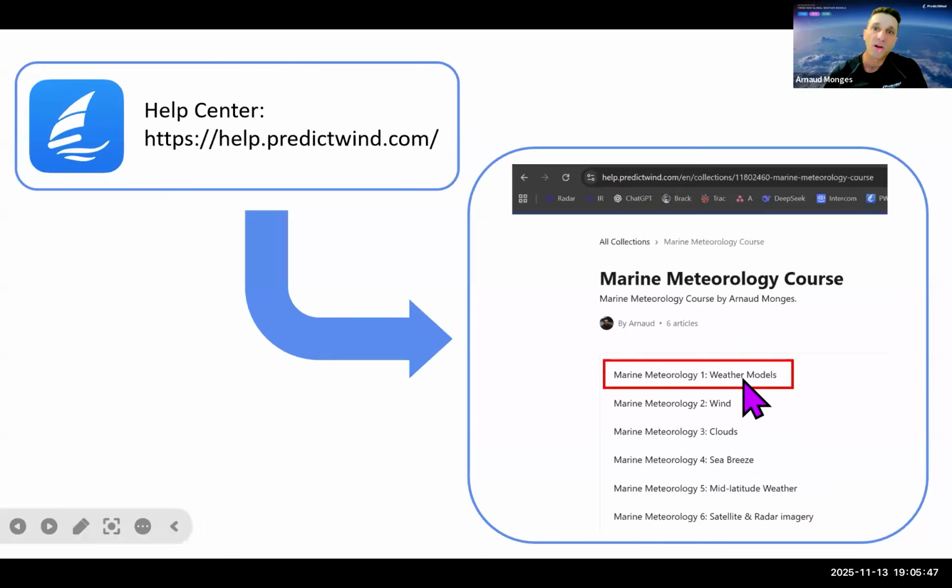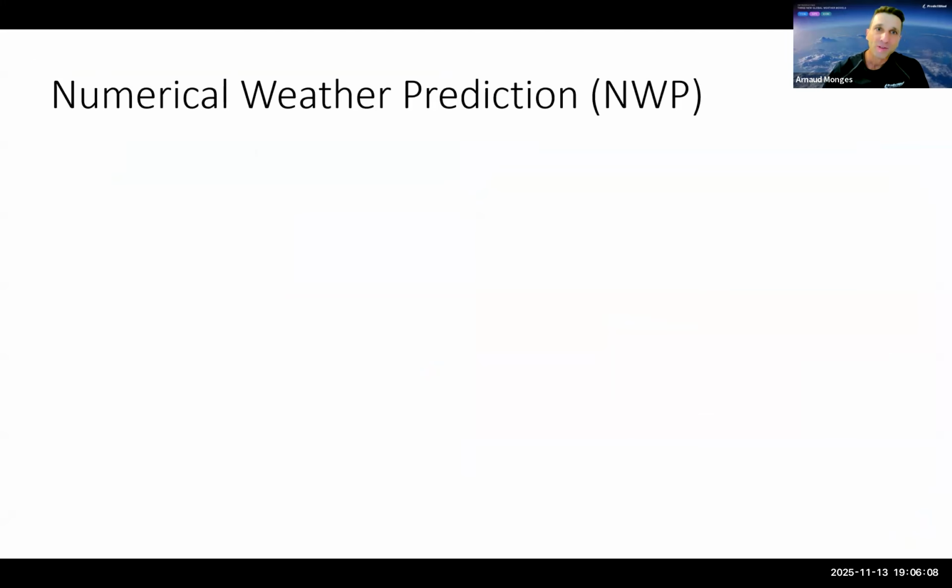But article number 1 is the weather model. This is the theory, so after this webinar, you can go there. Also please note that you can change the language. It's of course in English, but you can also read these articles in French, Spanish, Italian, and also German.